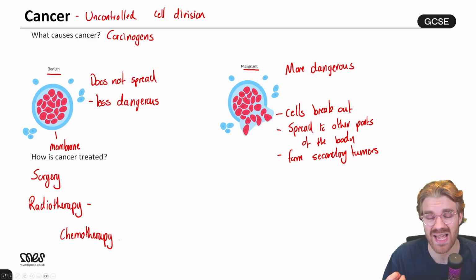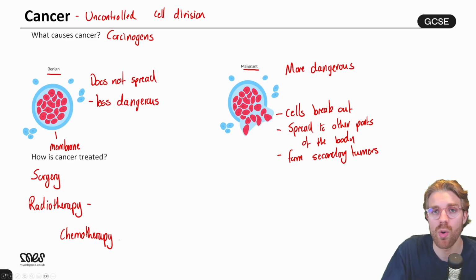That means that they usually have a very, very big blood supply. If the chemotherapy drug is in the blood, the tumour will take up more of that chemotherapy drug than the surrounding cells as well. This means that the tumour will receive more of that drug, and so the tumour will be killed and reduce in size.